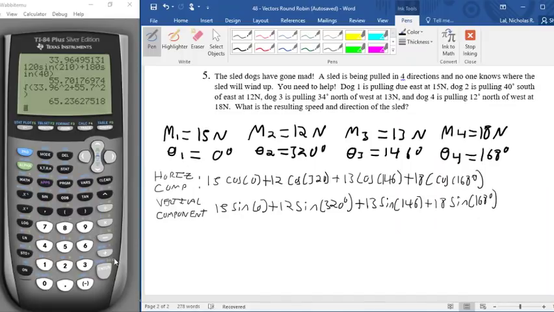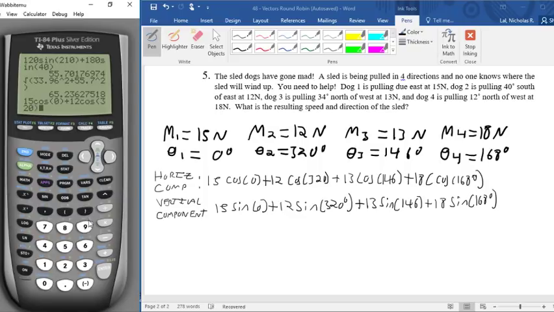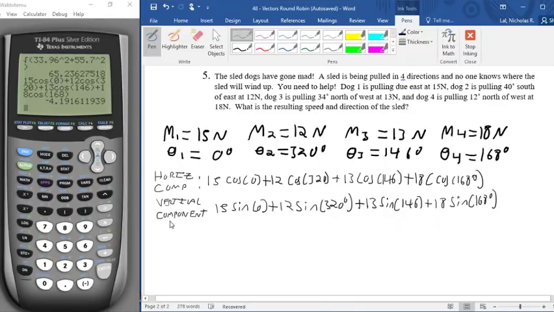So let's find our horizontal component. 15 times the cosine of 0 plus 12 times the cosine of 320 plus 13 times the cosine of 146 plus 18 times the cosine of 168. So our horizontal component is negative 4.19.